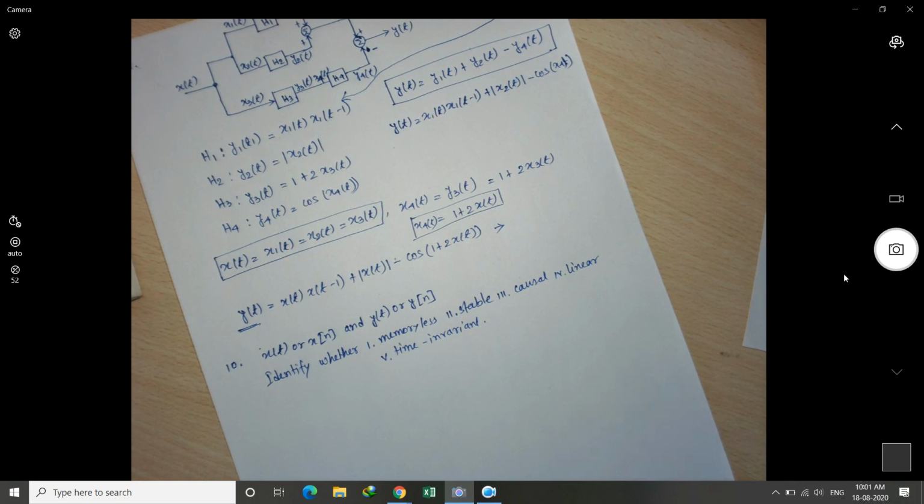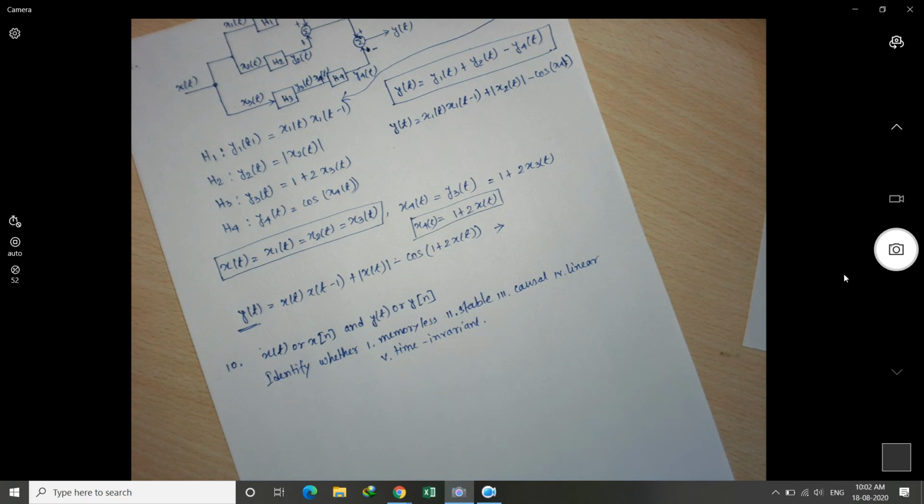Just try to remember memoryless system, stable system, causal system, something like this. So what is a memoryless system or a system which is having memory? So how have we been categorizing that?